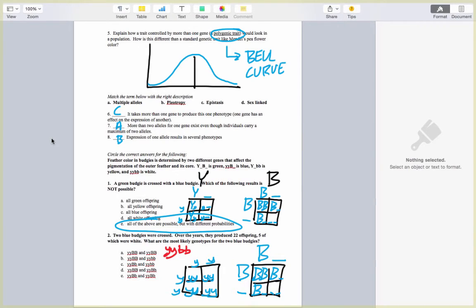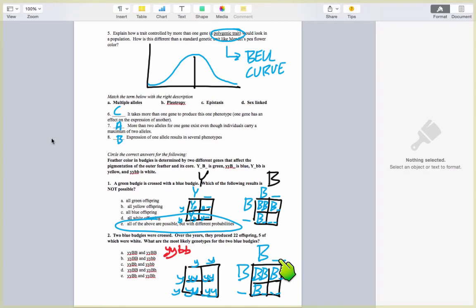The only way they're producing little b is if these two are little b's. So this guy must be carrying a little b, and that guy must be carrying a little b. So the two blue budgies we originally crossed must have a little b there and a little b there to produce any white budgies. That's the only way you could get white budgies from these parents, is if their second allele for both of them is a little b. So it should be letter E, the only one that works.